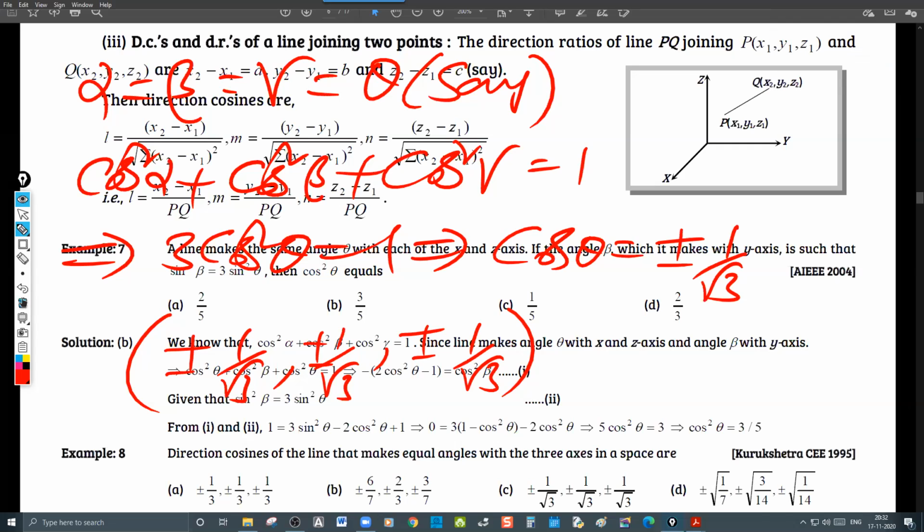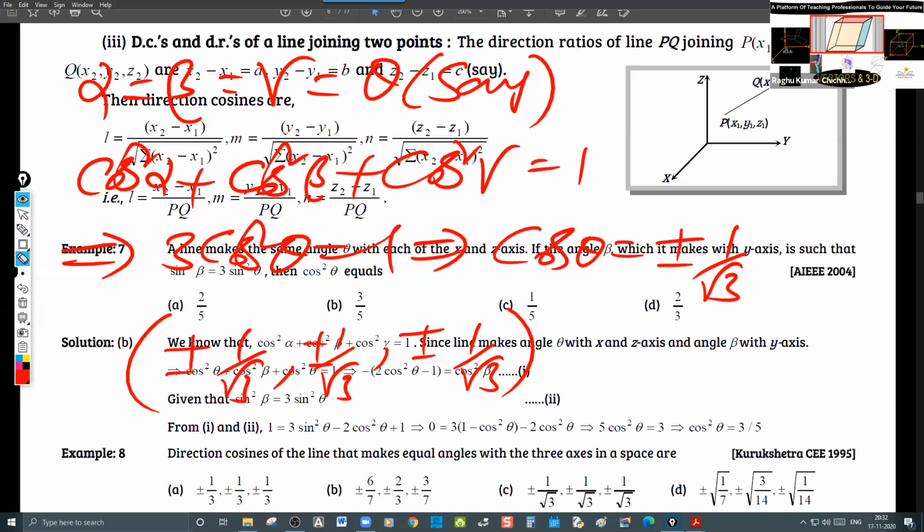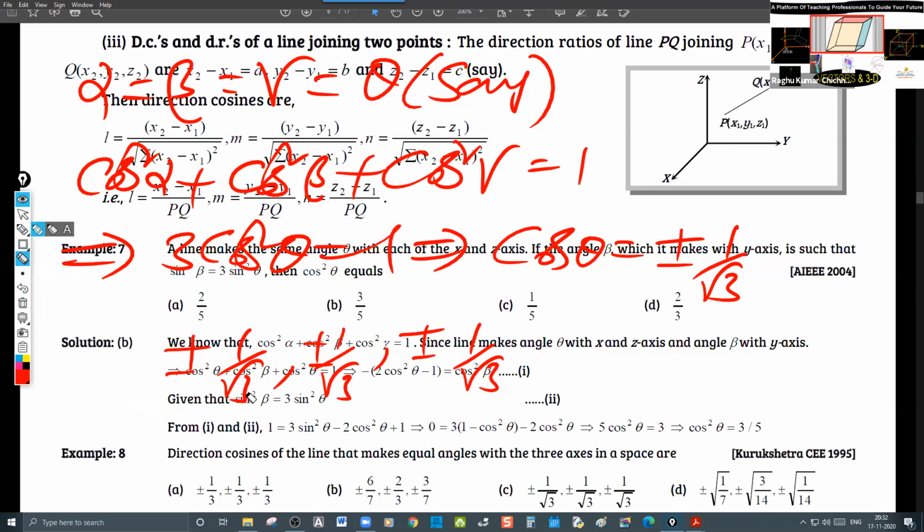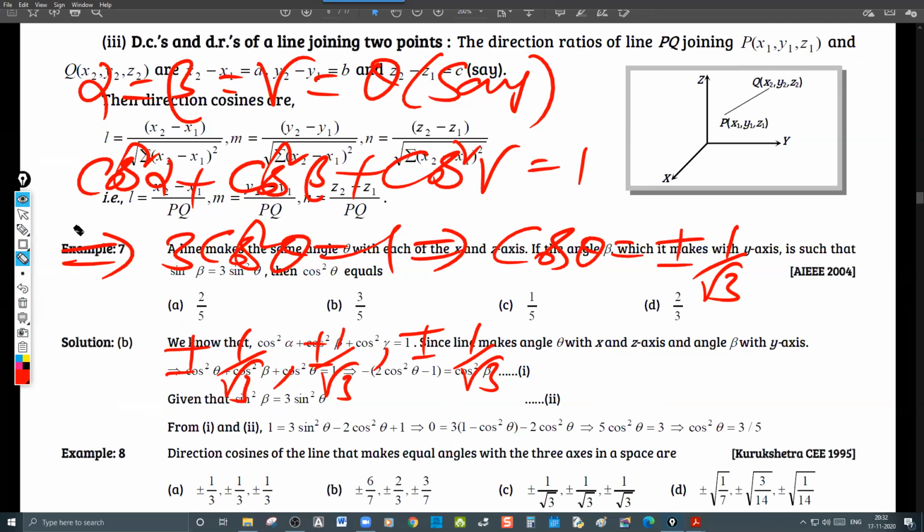And as I said, when you are writing DCs and DRs, you should not write the brackets. If the brackets are written, that becomes a point.